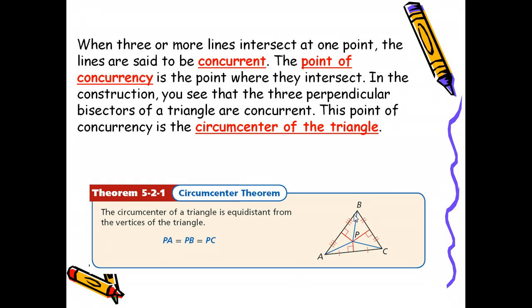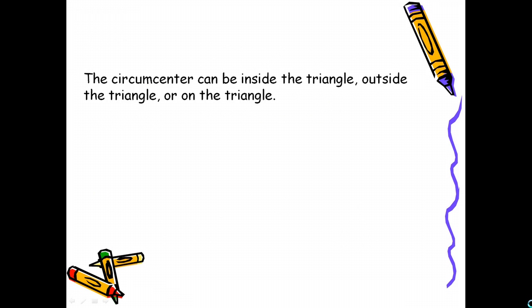The blue lines are taking the circumcenter of the triangle and connecting it to the vertices of the triangle. These segments, the blue ones, are the ones that are equidistant or congruent. The circumcenter can be inside the triangle, outside the triangle, or on the triangle.